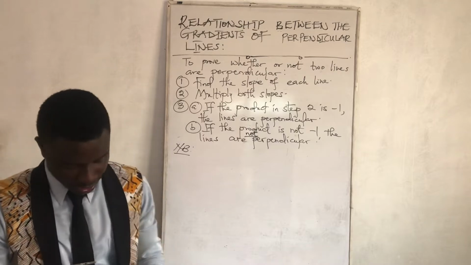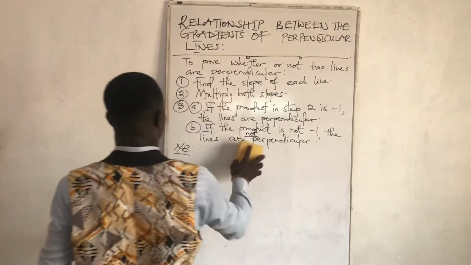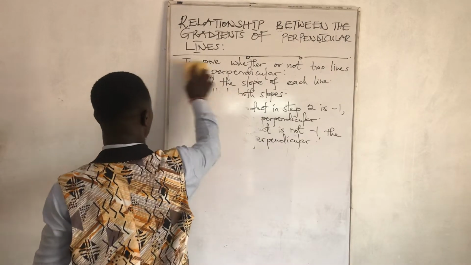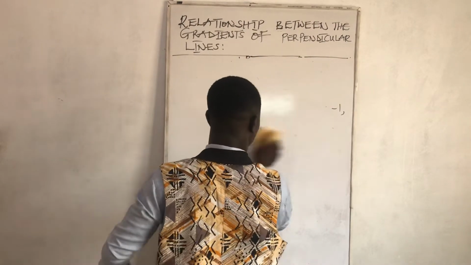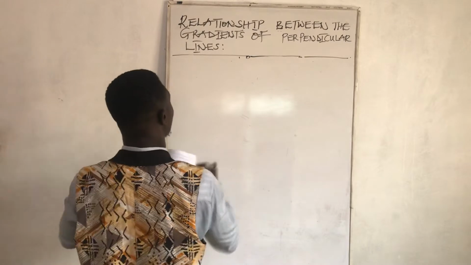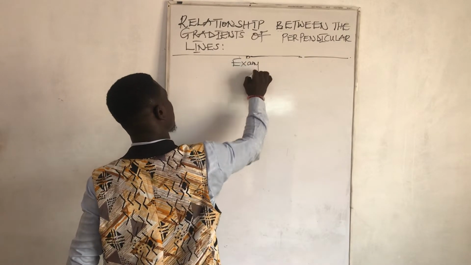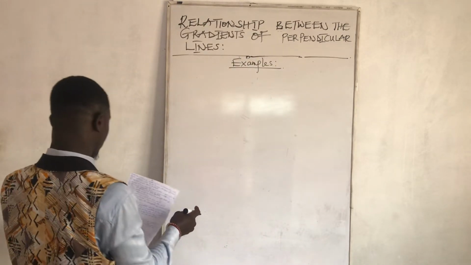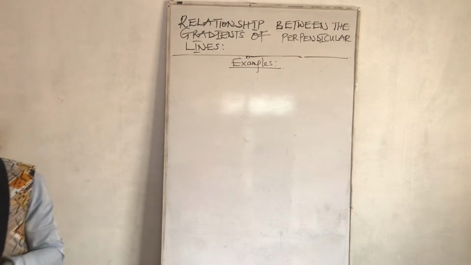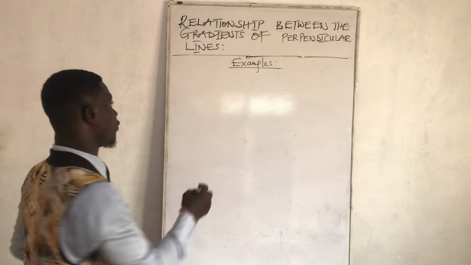So now, let's start with examples here. Write down the gradient of lines perpendicular to the lines of gradient.